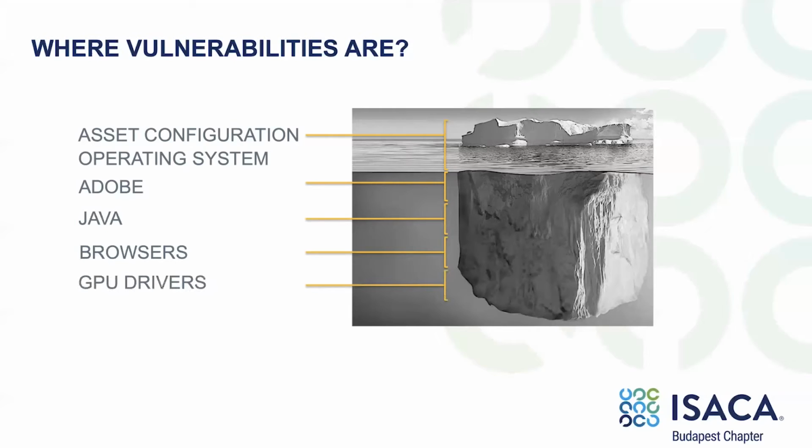And finally, less obvious places, but not less risky, like graphic card drivers. Probably not many of you verify them for vulnerabilities, and this is not because of negligence, but because of lack of resources. This process, if not supported by proper tools, can be really time-consuming.